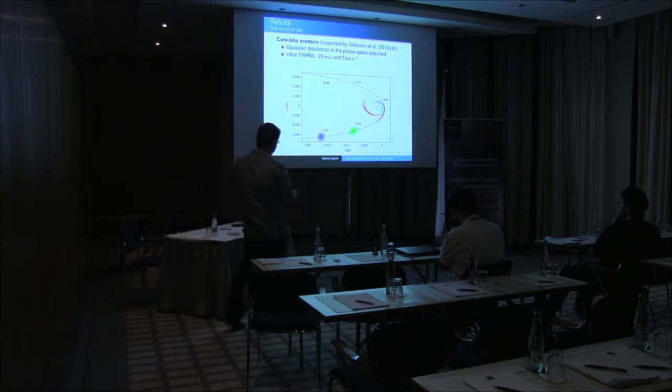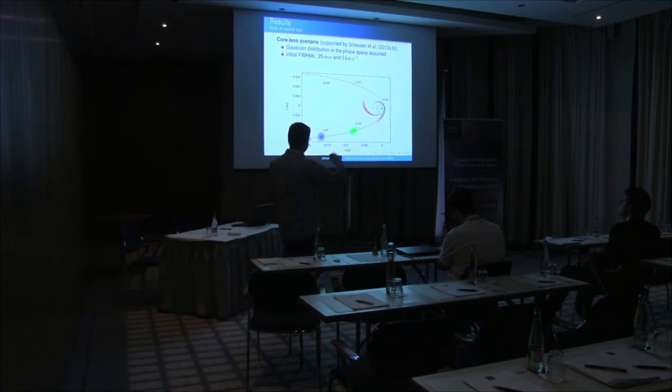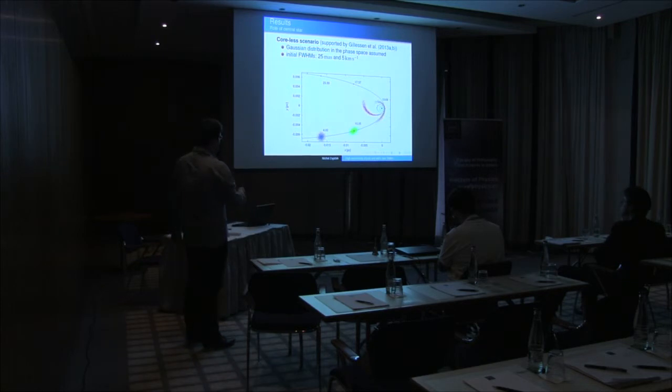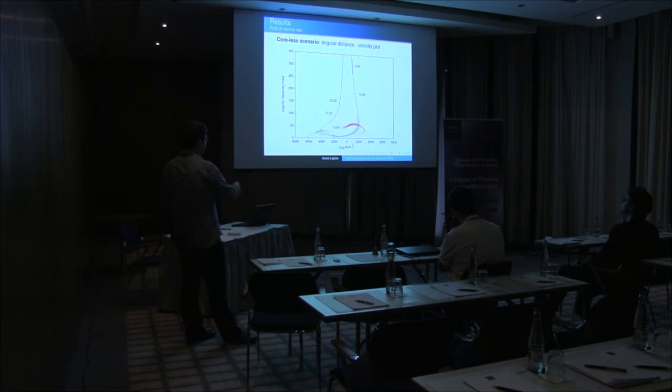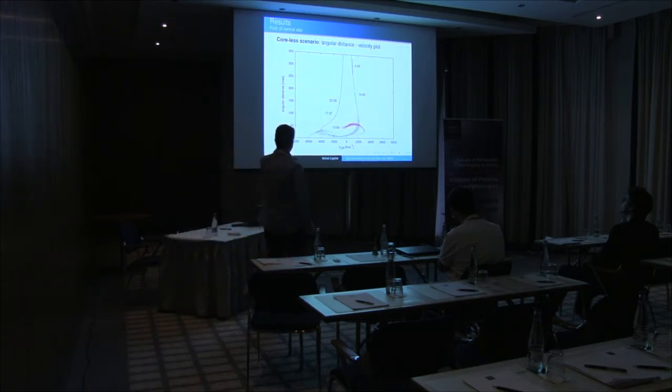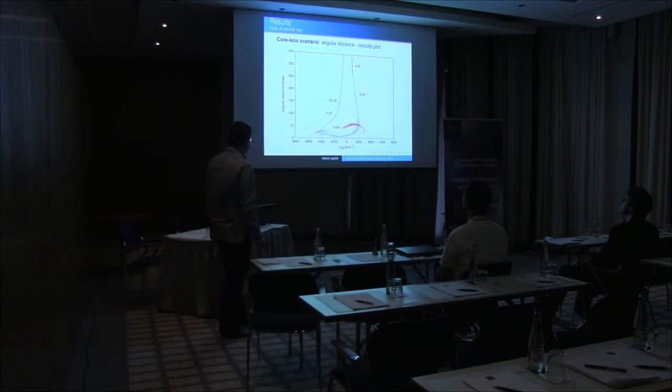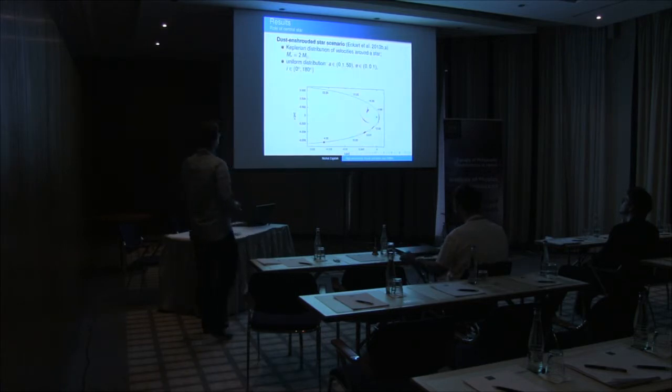We see that basically the cloud is tidally stretched, and also in this velocity-position diagram, the velocity dispersion increases at the pericenter, then it slightly decreases after the pericenter passage and increases again.